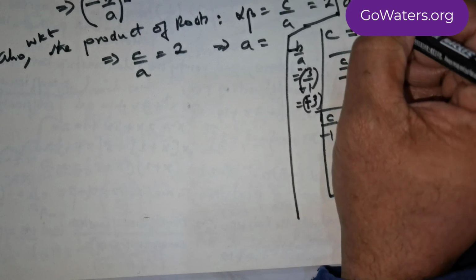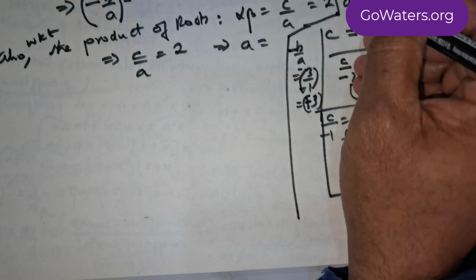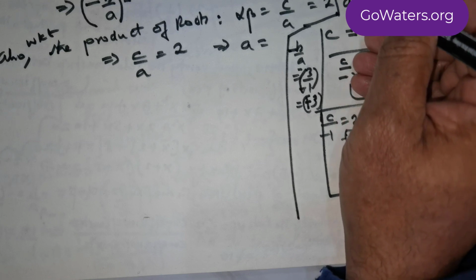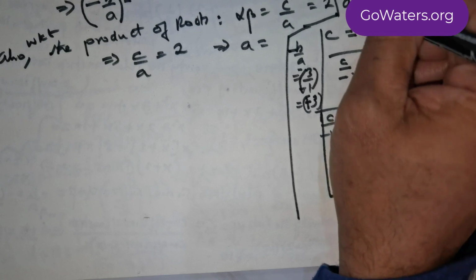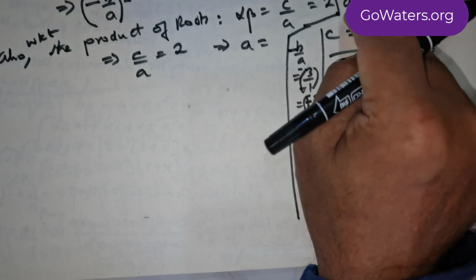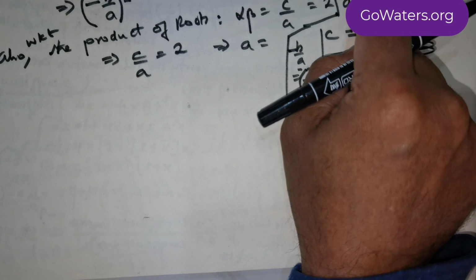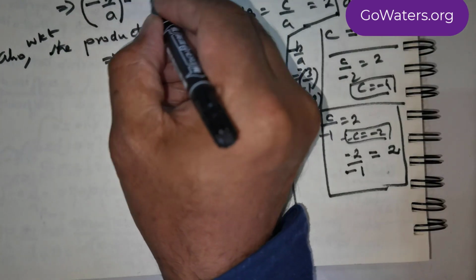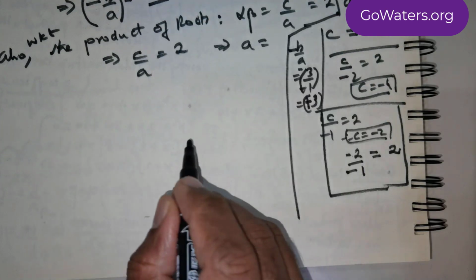So clearly a is equal to -1 is ruled out. So the only possibility that is left with us is a is equal to +1. If a is equal to +1 and b is equal to 3, then clearly because of the formula, this would give us -3.